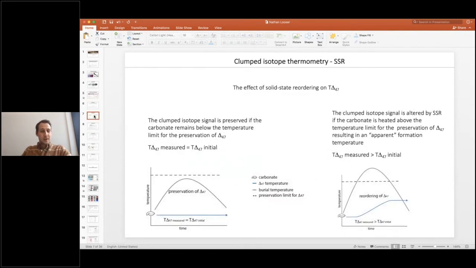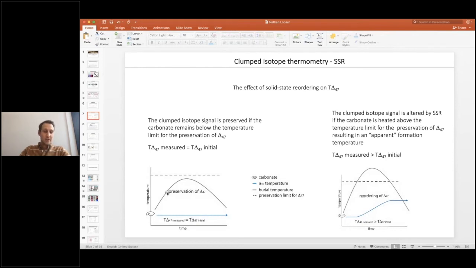Now, what is the effect of solid state reordering on the clumped isotope temperature? The clumped isotope signal shown here is preserved if the carbonate, indicated with this shell here, remains below the temperature limit for the preservation of delta 47, which is thought to be in the range of 100 degrees.